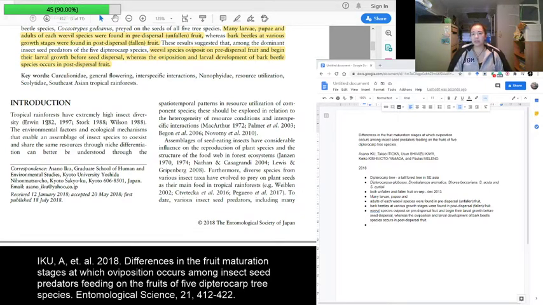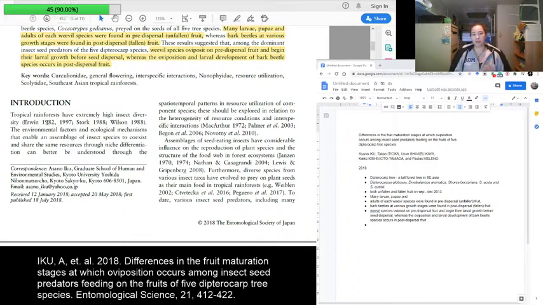So the environmental factors and ecological mechanisms that enable an assemblage of insect species to coexist and share the same resources through niche differentiation can better be understood through the spatio-temporal patterns in resource utilization of component species. That's not even the whole sentence, and it's a long sentence.